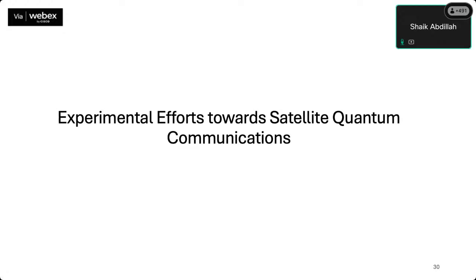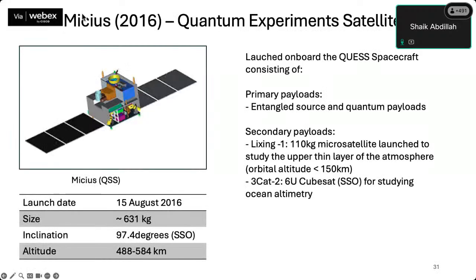Now that we have gone through the anatomy of a quantum experiment, we can start a small overview of some of the experimental efforts towards satellite quantum communications. The idea of satellite quantum communications first materialized in 2002, but was first shown in the seminal work by the Micius team at the University of Science and Technology of China in 2016.